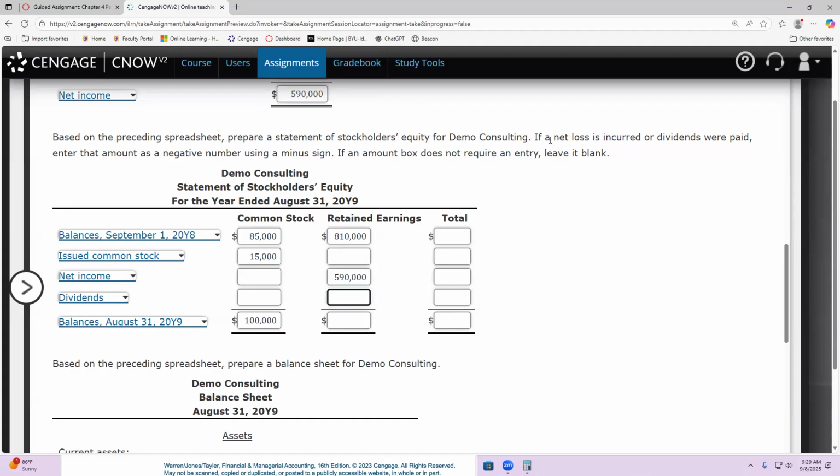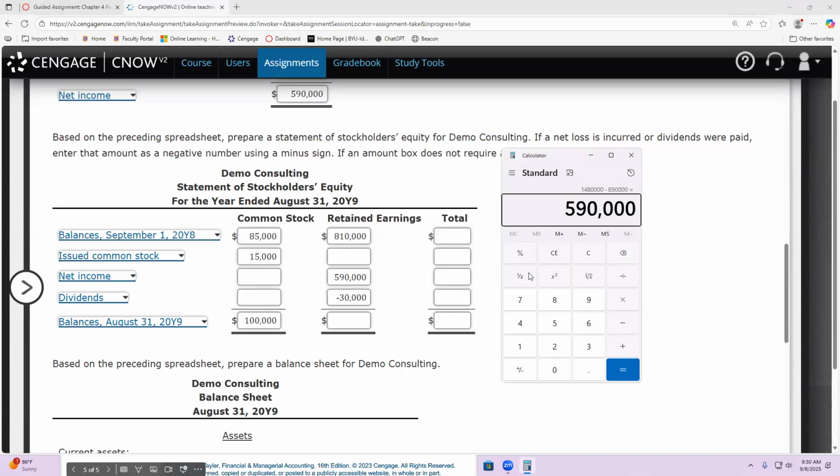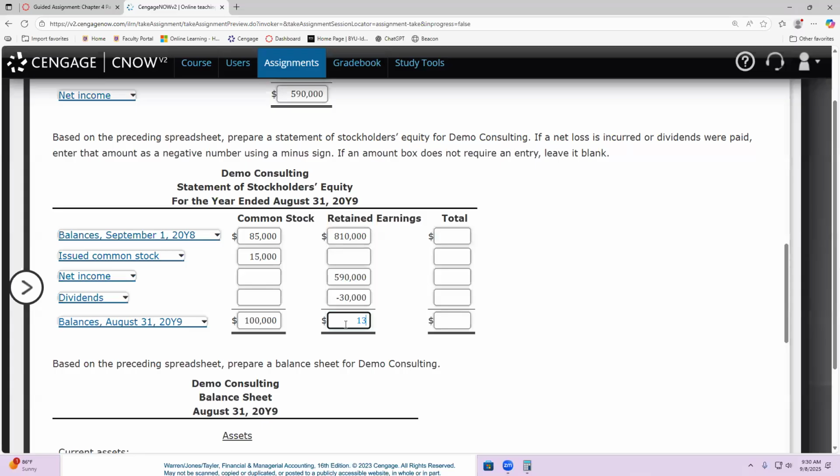If a net loss is incurred or dividends were paid, enter that amount as a negative. So I'm going to say negative 30,000, the thought being that it reduces our retained earnings. Our retained earnings started the year with 810,000. We added 590,000 in net income and subtracted 30,000 in dividends, so we now have 1,370,000 in retained earnings.